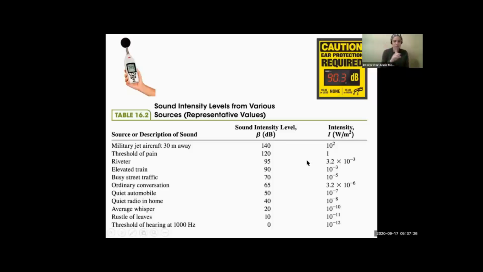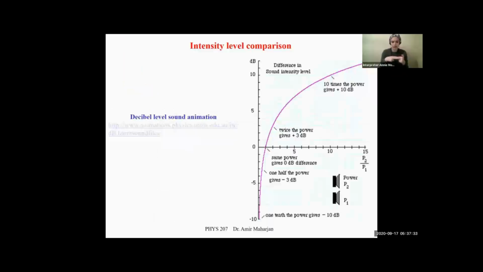Any question? Yes, I was wondering if you could go back to that slide relating power and decibels. This one? Yes. So the x-axis is the ratio of the power. You're comparing two powers, two speakers.